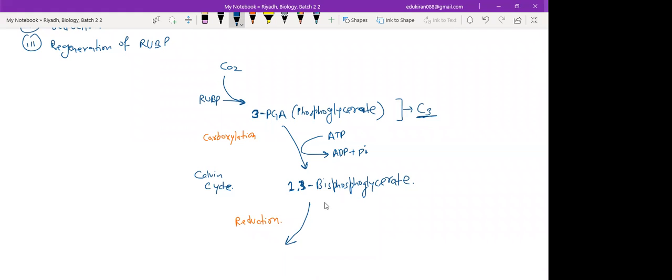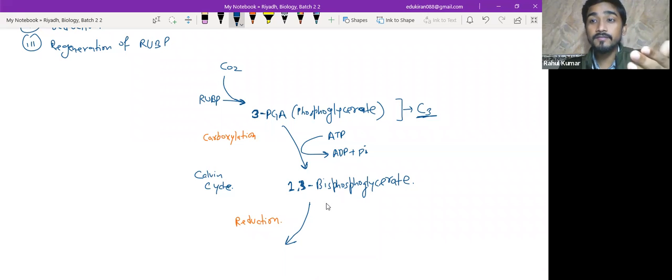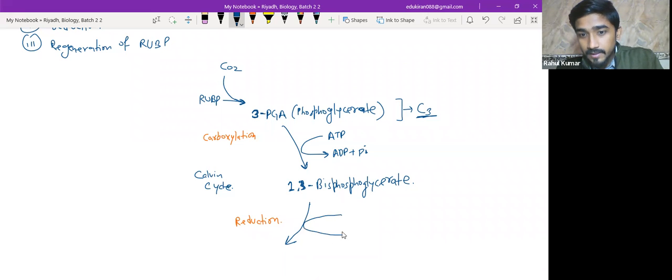NADPH. And what does NADPH have a lot to give? Hydrogen, right? So now we will utilize NADPH again. It will come and donate the hydrogen and itself will become NADP plus, correct?